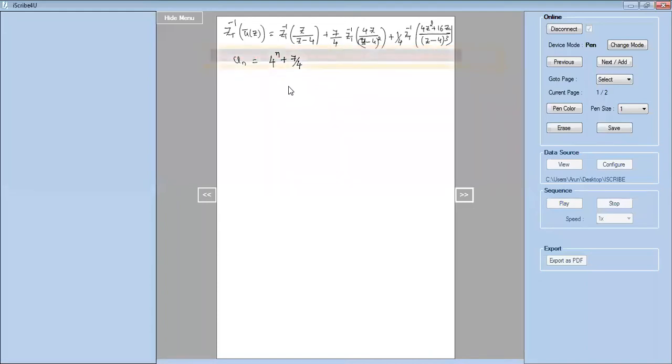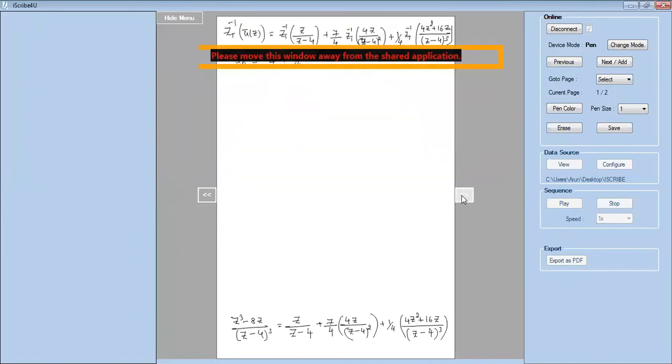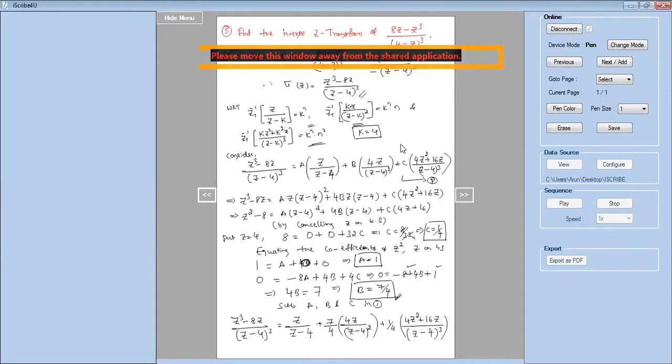7 by 4 into, see this looks like kz by z minus k whole square, and you know for kz by z minus k whole square the formula is k power n into n. So k is 4, it is 4 power n into n, plus the next term, 1 by 4 into, see this term is kz square plus k square z by z minus k whole cube.